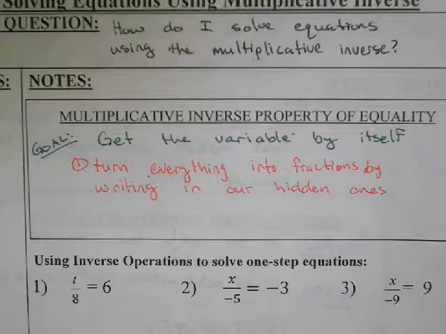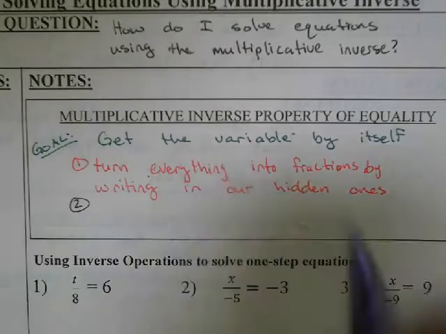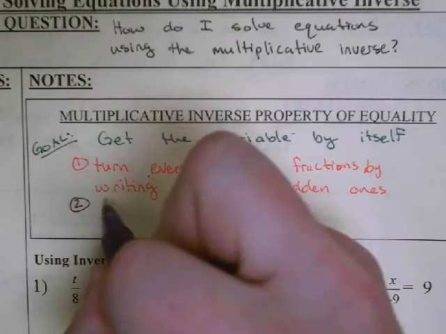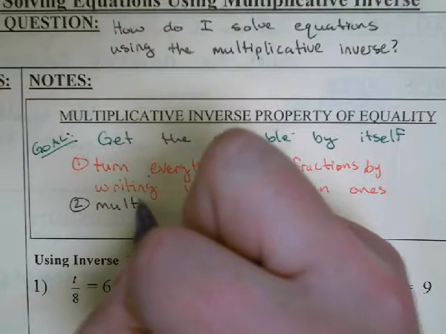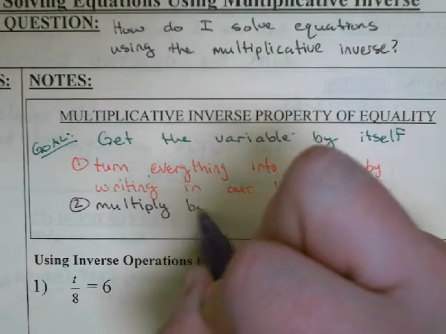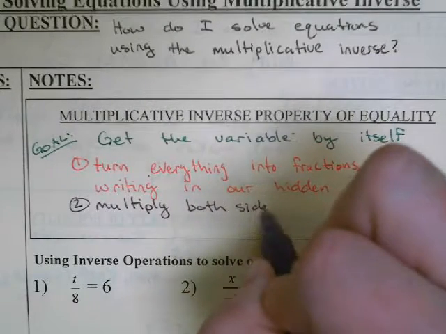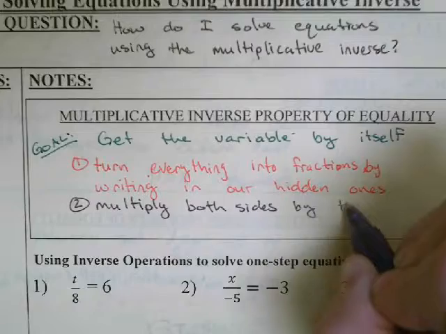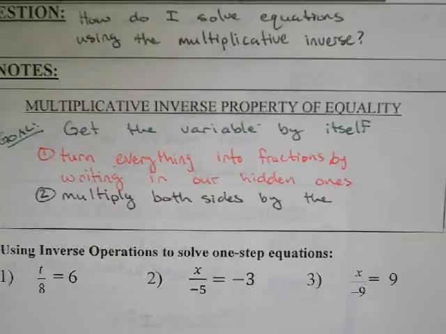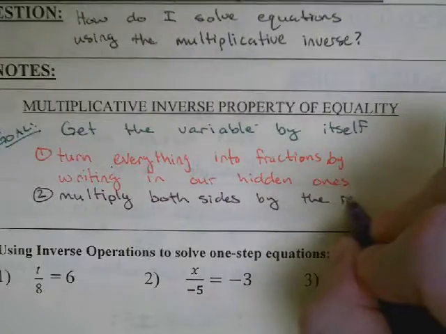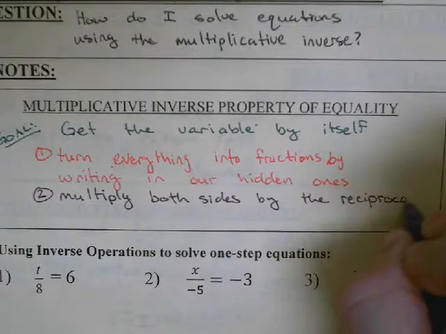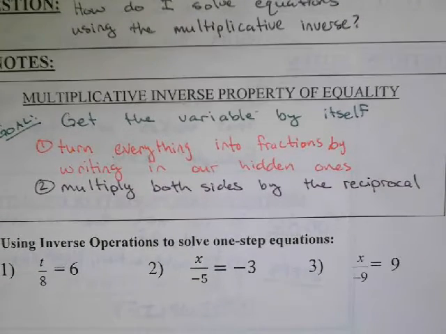And then step 2, multiply both sides by the reciprocal. That's where we flip that fraction and we multiply both sides by the reciprocal, multiplying fractions together now.